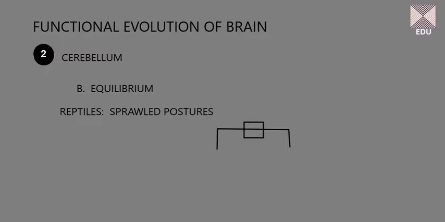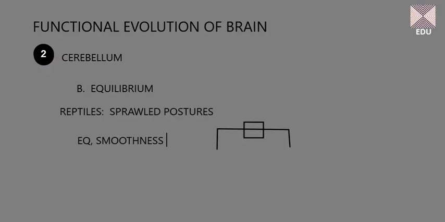If I talk about the movement in these sprawled posture reptiles, the cerebellum is a very important part which controls the equilibrium in these reptiles, and it gives smoothness in the movements. That is a very important part.